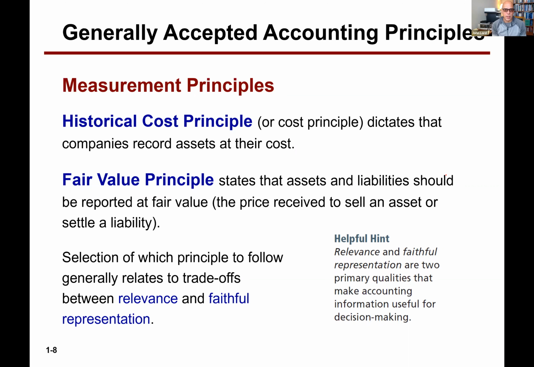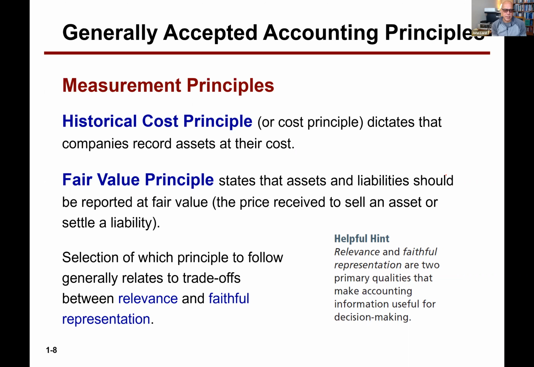With the way that prices of property have gone up in the Bay Area over the last 50 years or so. So we bought it back in 74. 100,000 we paid for it back then. Now it's worth 1.1 million. Well, on the company's financial statements, they would list that piece of property at a cost of 100,000 because that's what they paid for it. That's what the historical cost principle says.